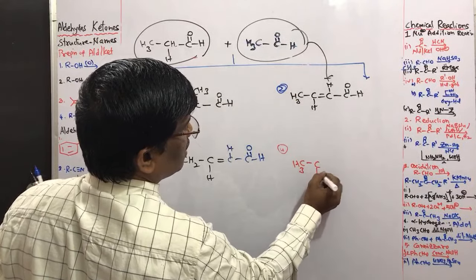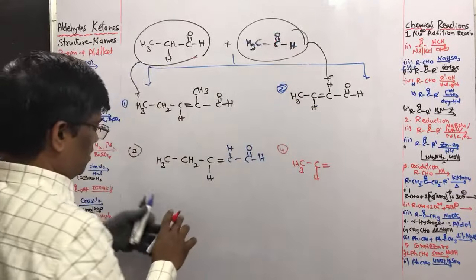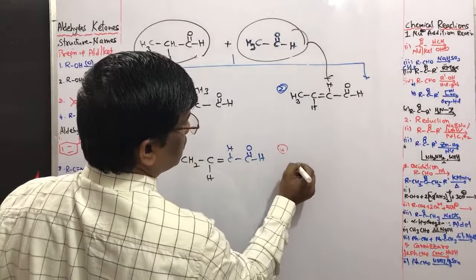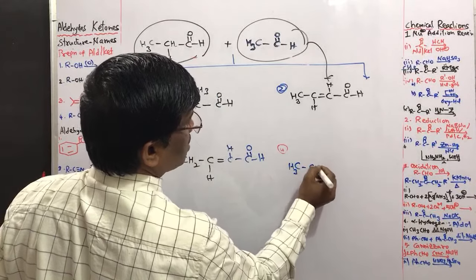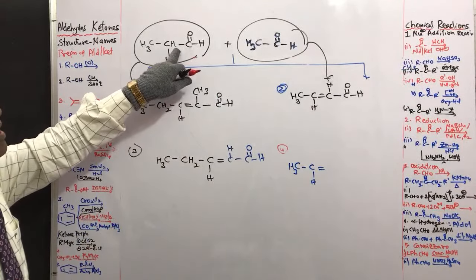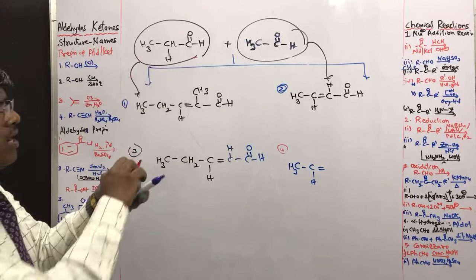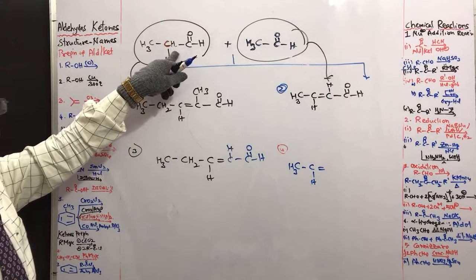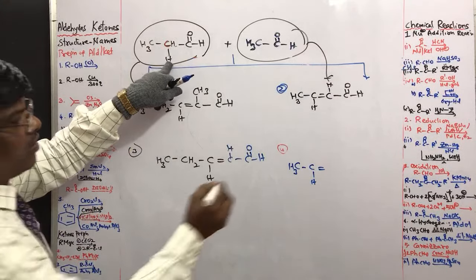CH3, hydrogen here, double bond, CH3 double bond C, and here which one is going to attack? This is the carbon which is going to react. Yes, it is the alpha hydrogen.